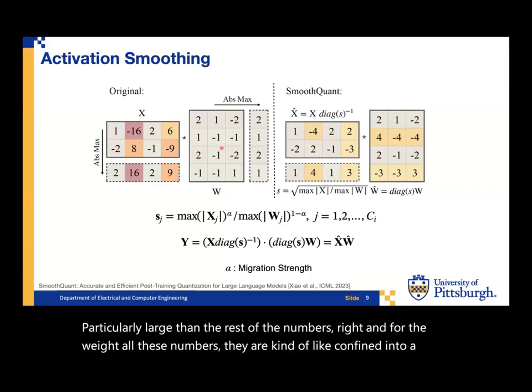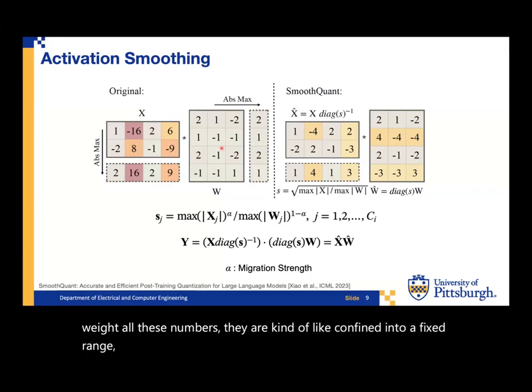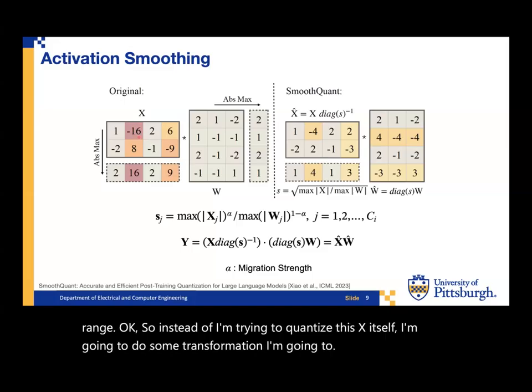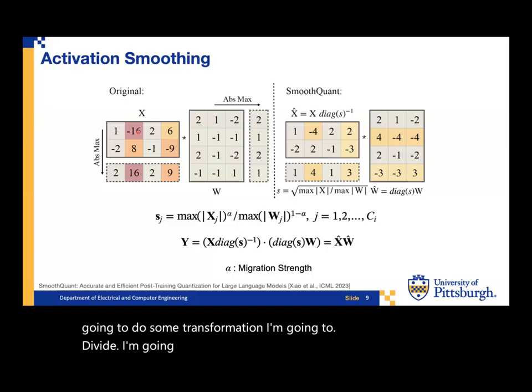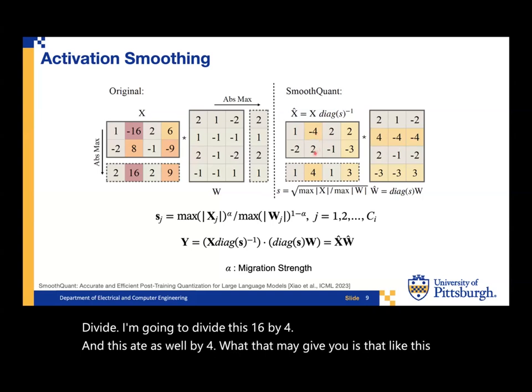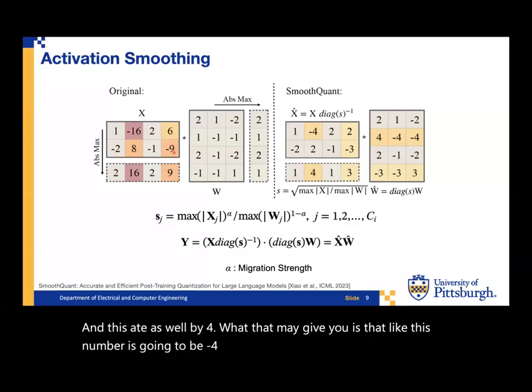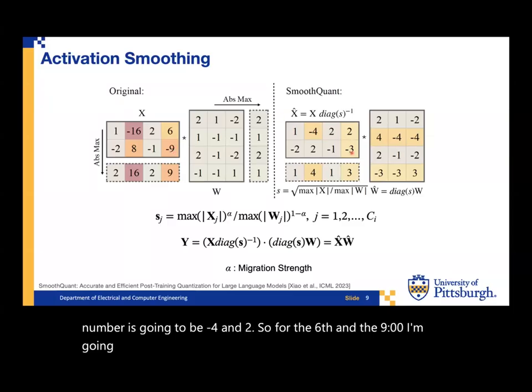So instead of trying to quantize x itself, I'm going to do some transformation. I'm going to divide this 16 by 4 and this 8 as well by 4. That gives you 4 and 2. For the 6 and the 9, I'm going to divide by 3, which gives you 2 and 3.